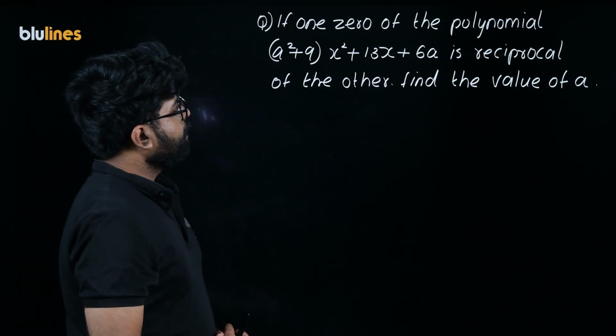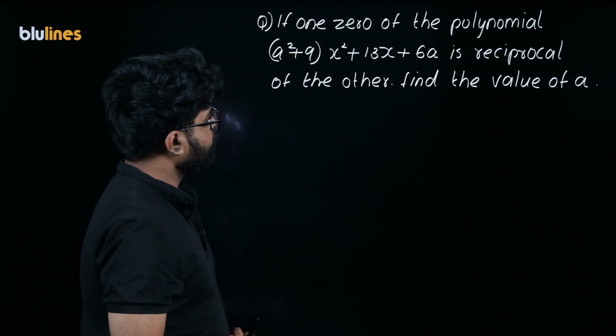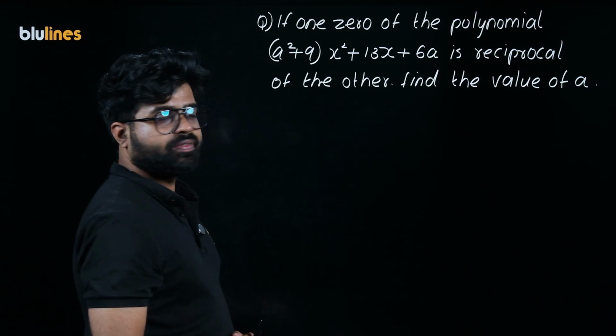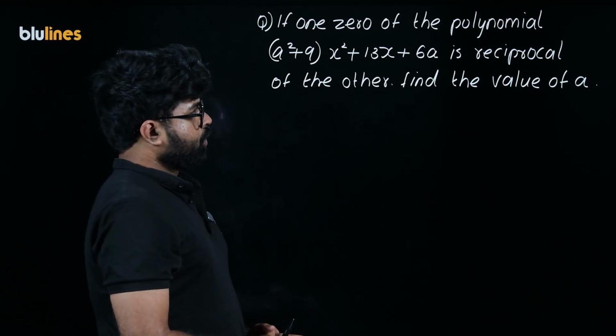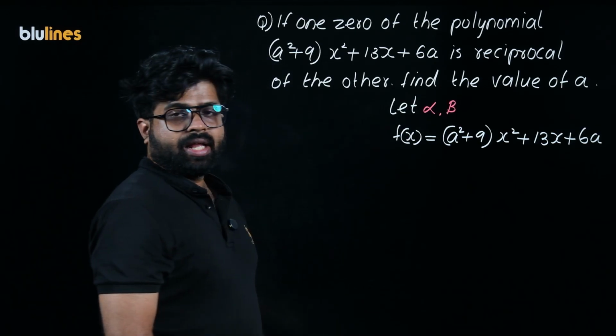Next one: if one zero of the polynomial a squared plus 9 times x squared plus 13x plus 6a is the reciprocal of the other, find the value of a. So this is our polynomial, and let alpha and beta be the roots.